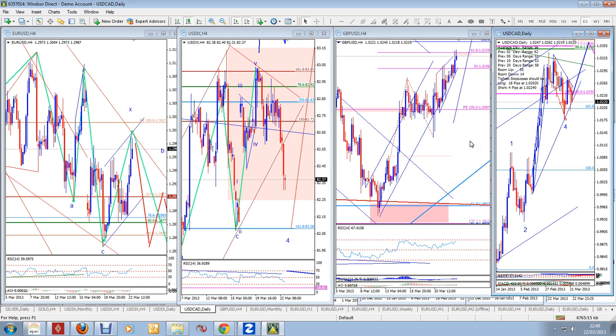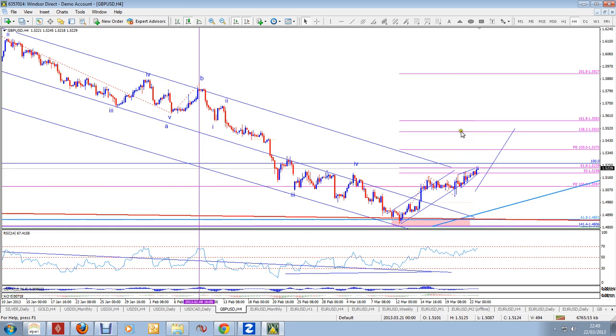Okay, so we look at the pound. Pound dollar has finished the downside. I think it's already bottomed, and as I've explained previously, we've got -1, -2, -3, -4, -5.